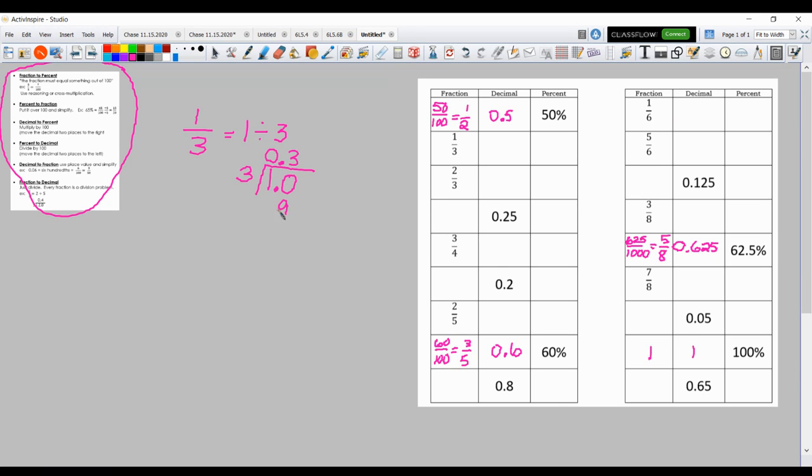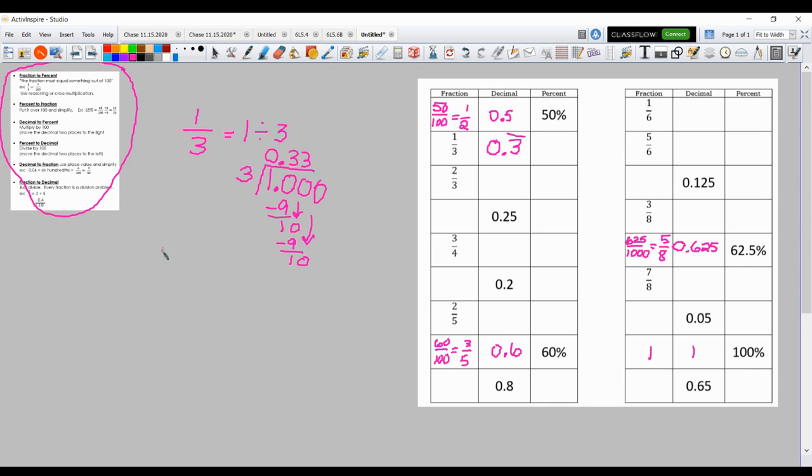I can do this division, add another 0, bring it down, add another 0, bring it down, and I can see very clearly I'm going to have a 3 for the rest of my life. So I'm going to write this in bar notation with the bar over the 3 showing it's repeating.